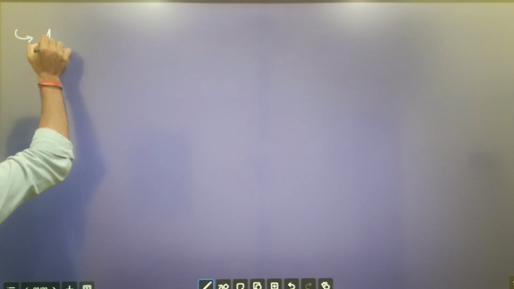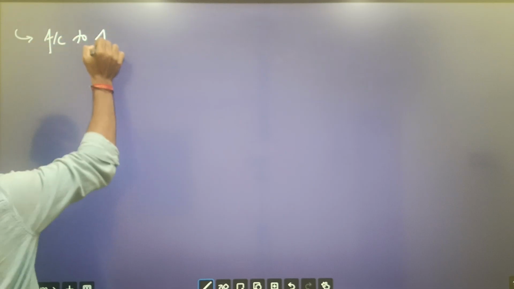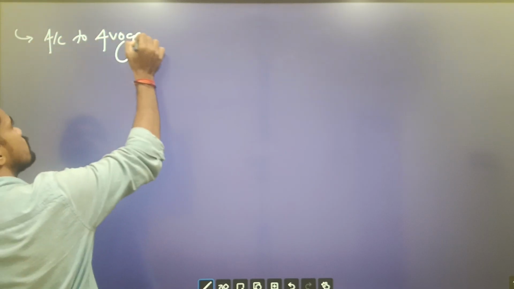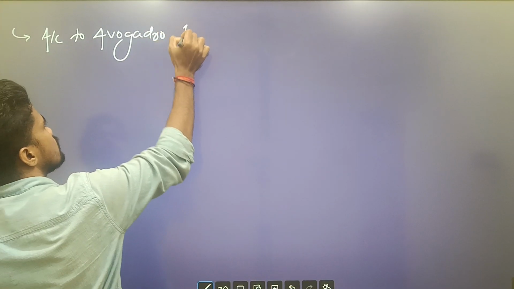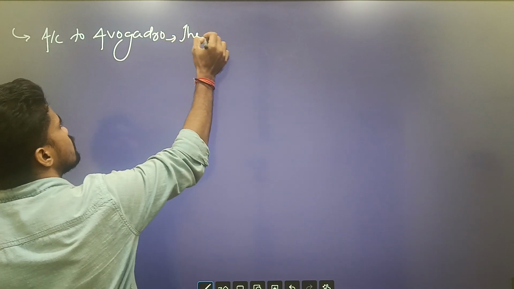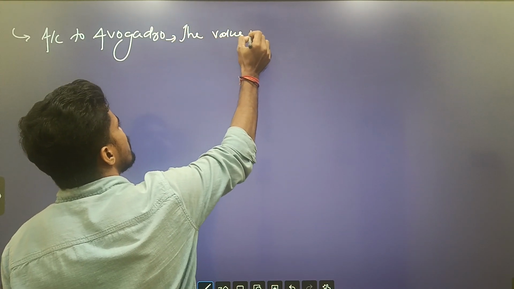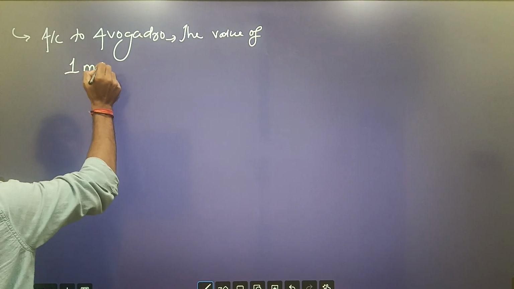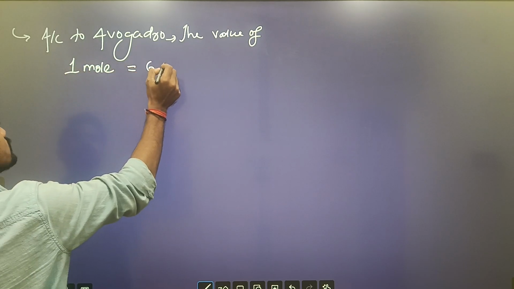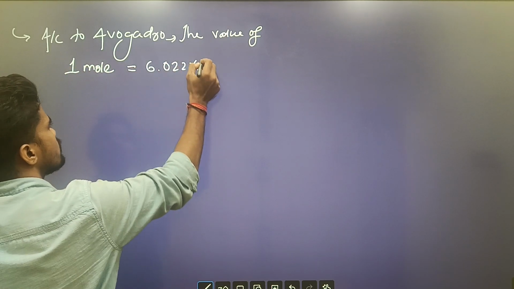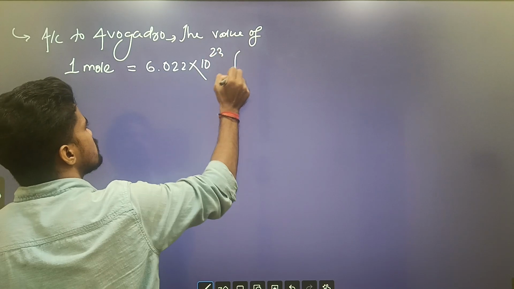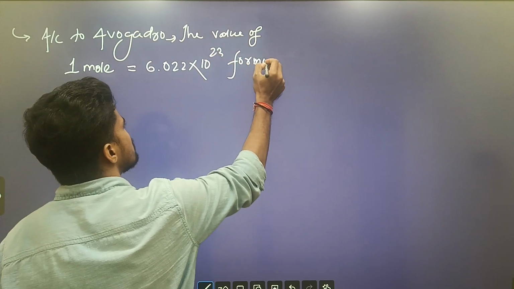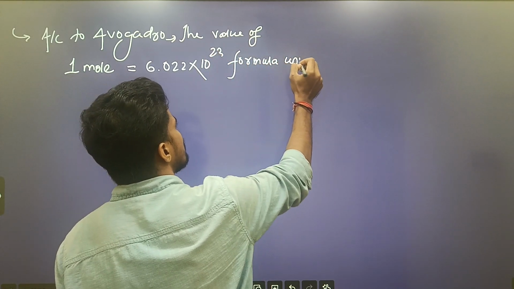According to Avogadro, the value of 1 mole is equal to 6.022 into 10 to the power 23 formula units.